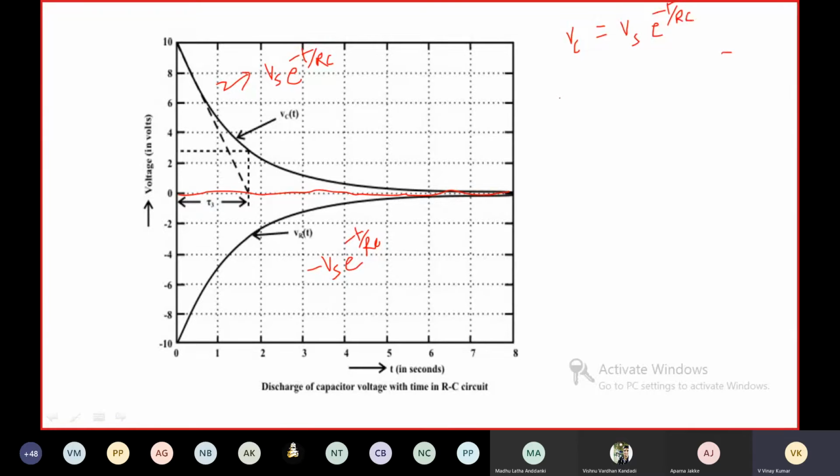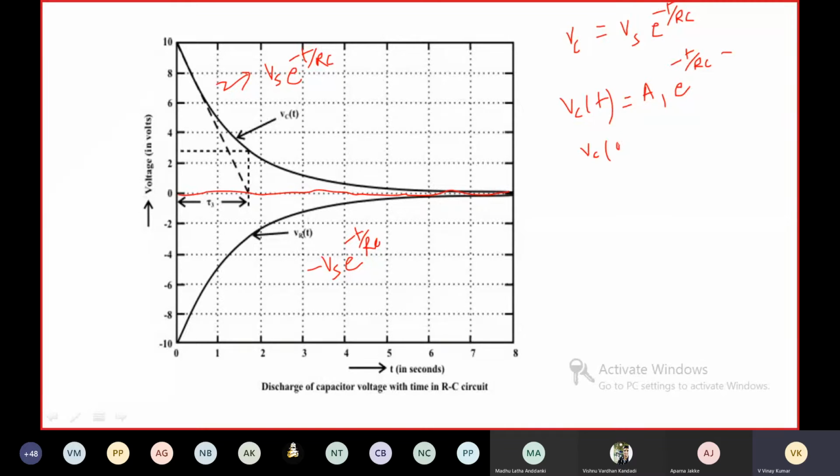Generally we are going to have the expression like this. See here, Vc of t is equal to A1 e power minus t by RC, right? Let us use initial condition.